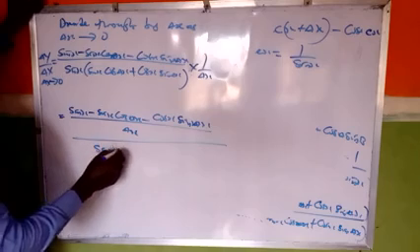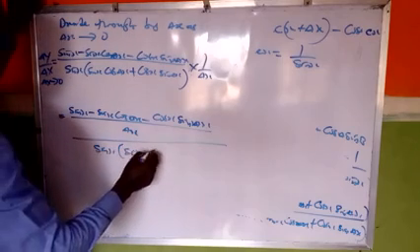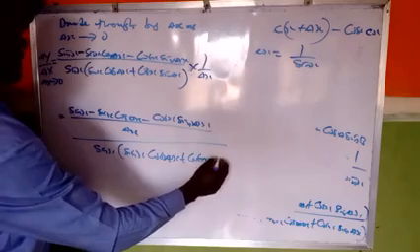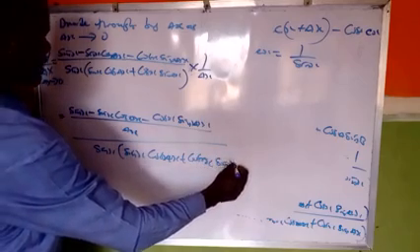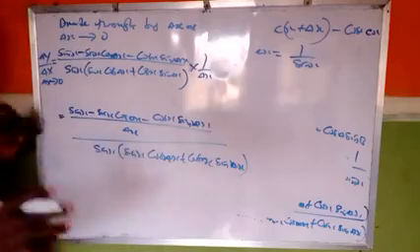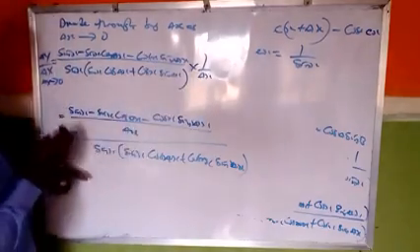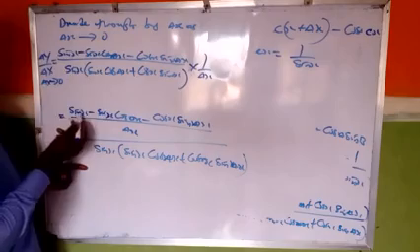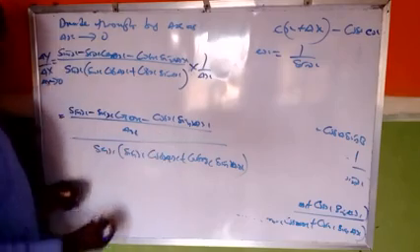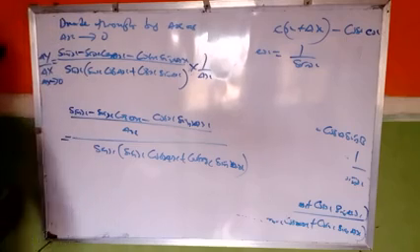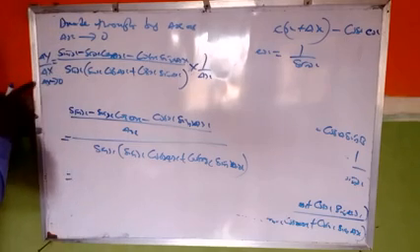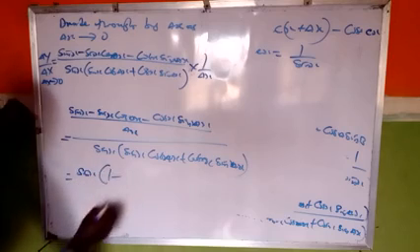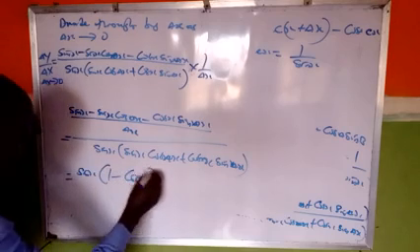You have change in x into bracket sine x cos change in x plus cos x sine change in x. Now look at something for me. This is sine x, this is sine x. This and this are the same, so you can factor out sine x for this one also. So what you have there, you are applying this as this tends to 0. So here you will have sine x into bracket 1 minus cos change in x.